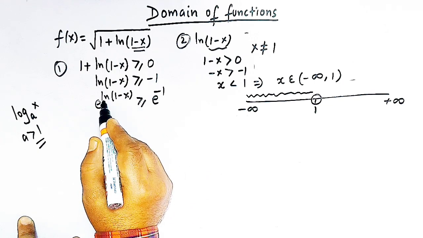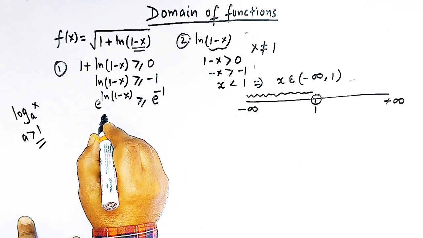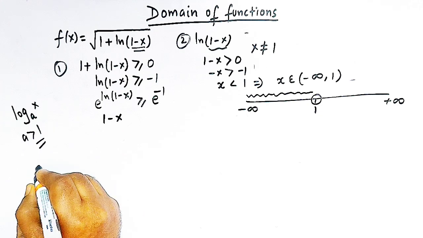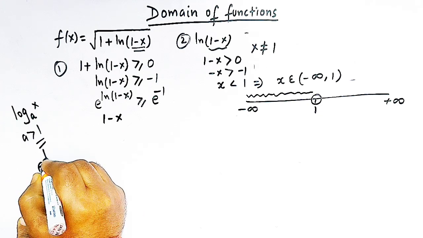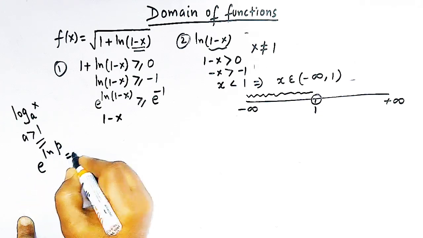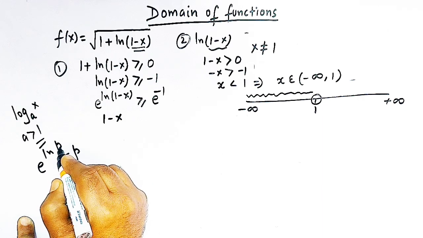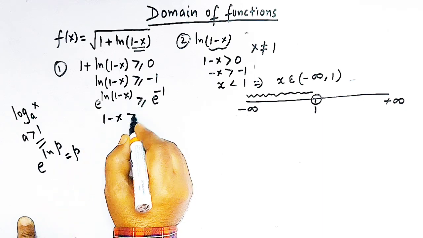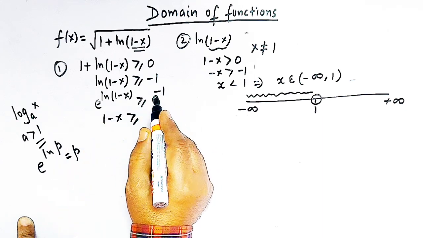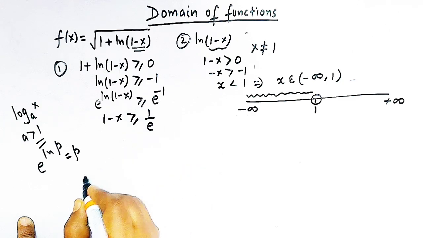So now here e raised to natural log of 1 minus x is simply 1 minus x, because we know that e raised to natural log of p is equal to p, and here p is 1 minus x, and here we have e raised to minus 1, that is 1 over e.